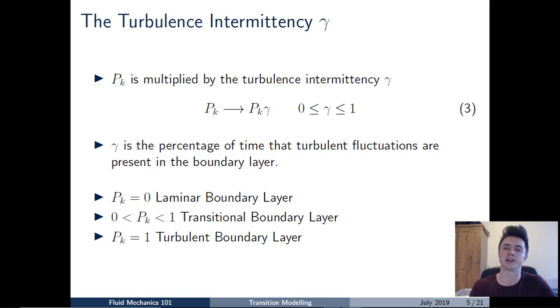And if gamma takes a value of 1, then the flow is fully turbulent. And physically, gamma represents the percentage of time that turbulent fluctuations are present locally in the boundary layer. So where gamma is 0, the flow is laminar and there are no fluctuations, but when gamma is 1, then the fluctuations are always present and that region of the boundary layer is fully turbulent.